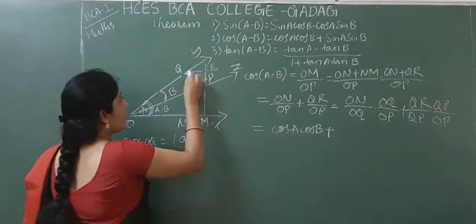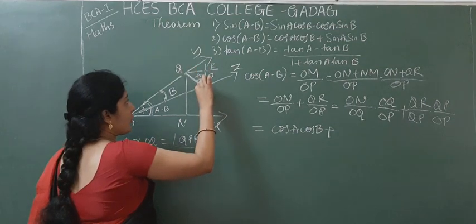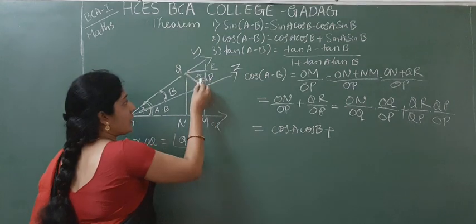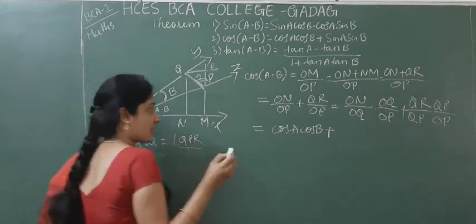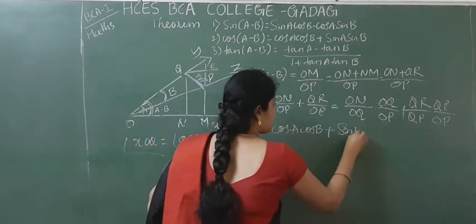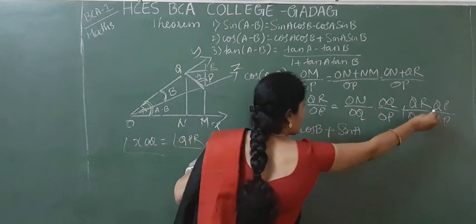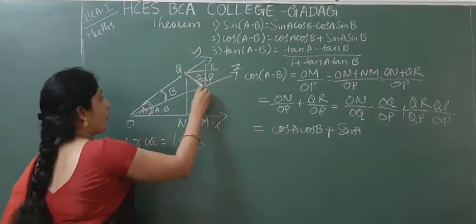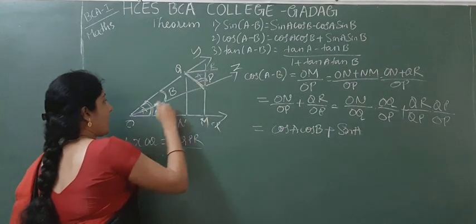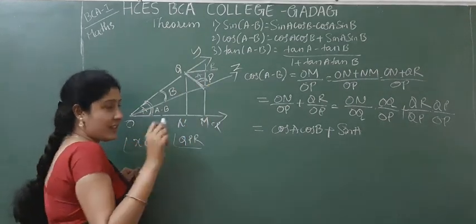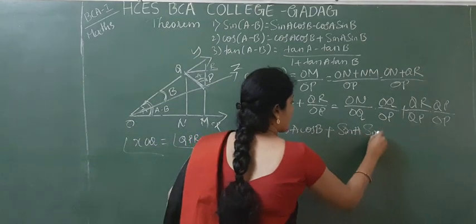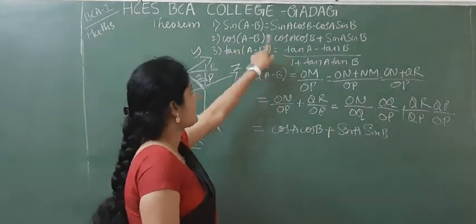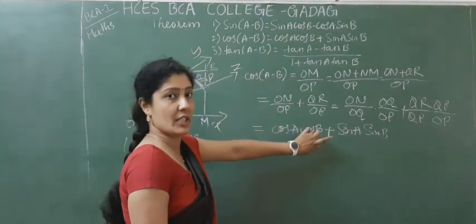See, QR divided by QP means which one it is? Opposite divided by hypotenuse of angle A. Hence it is sin A. Next, QP by OP. QP divided by OP means opposite and hypotenuse of angle B. Hence it is sin B. See, this is how the second derivation is done.